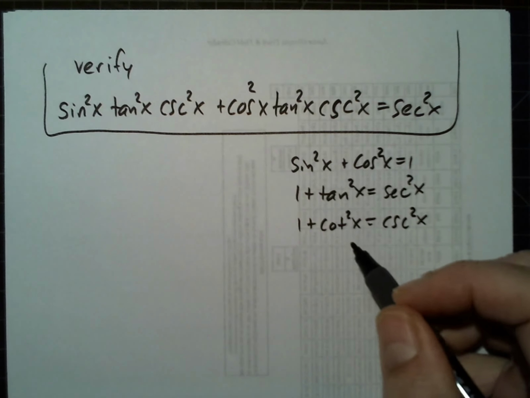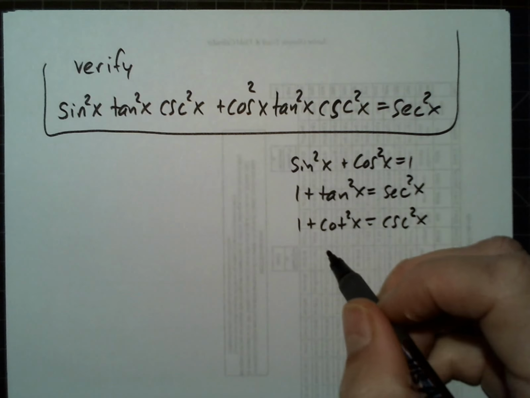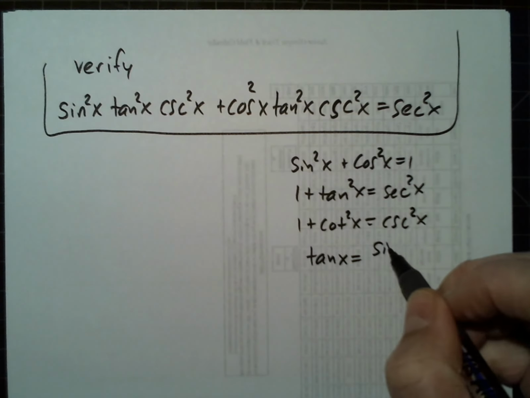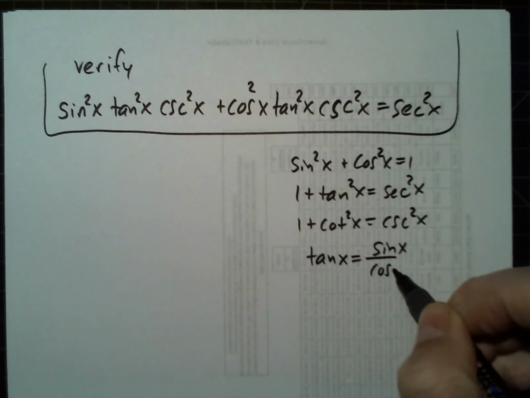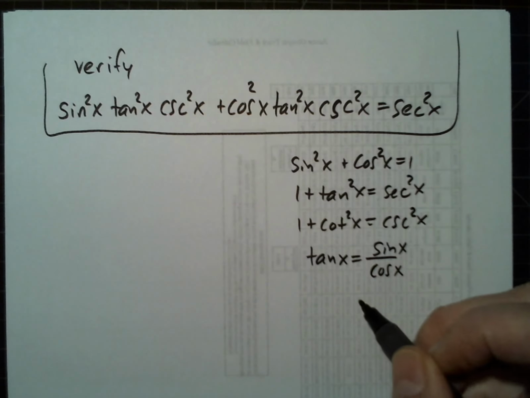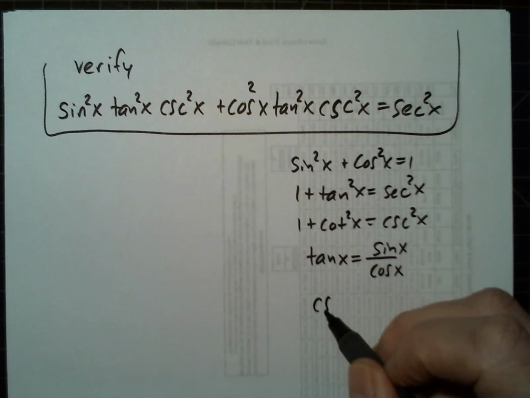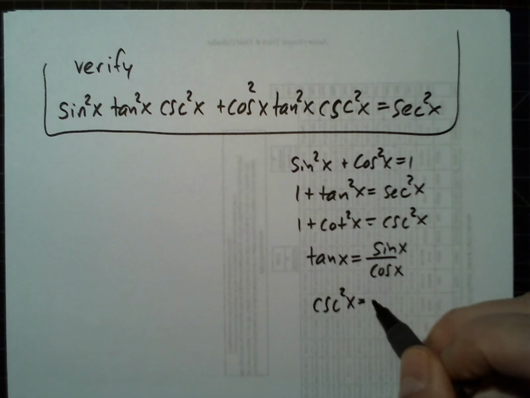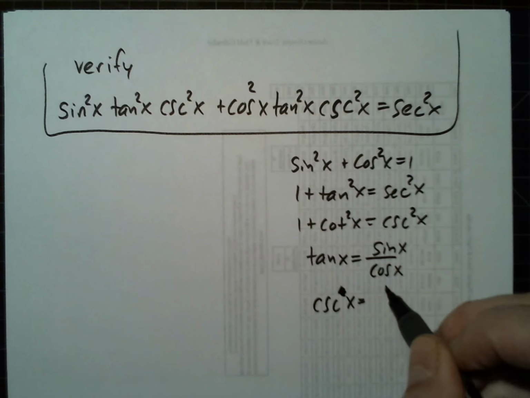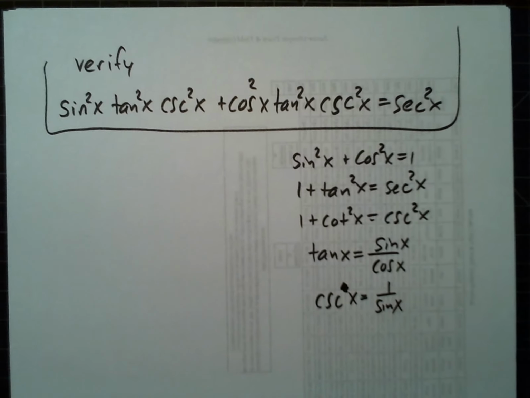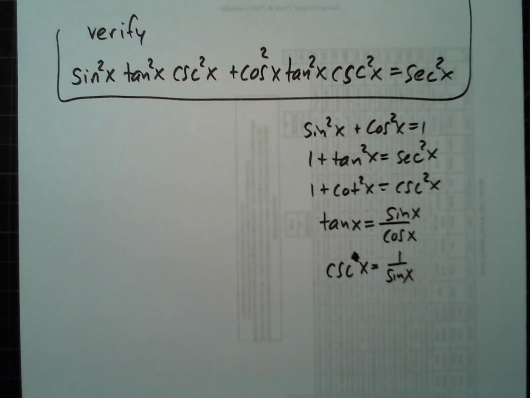And then in addition to these, maybe we're going to need, and remember that cosecant is 1 over sine. So there might be some more that we need, but we'll start with these.